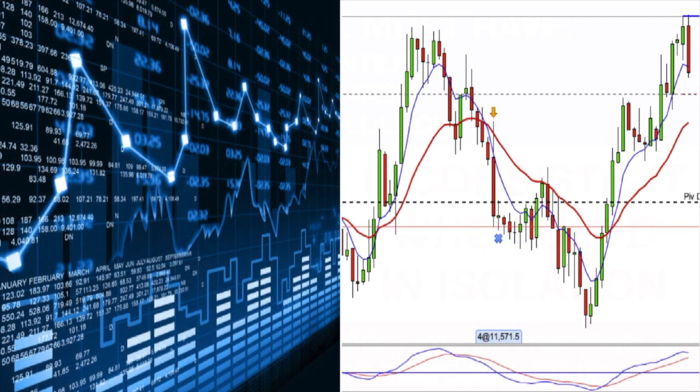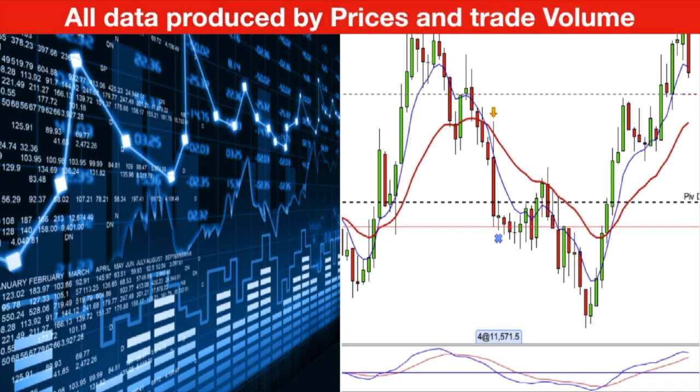All information on a trading chart is produced by price action and by volume, and it is possible to just use price action on its own, but you'll need to pay close attention to additional factors other than just the candlesticks or just the lines on the chart, like support and resistance levels, trends and trend lines.